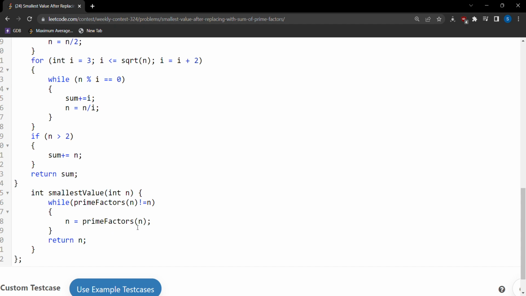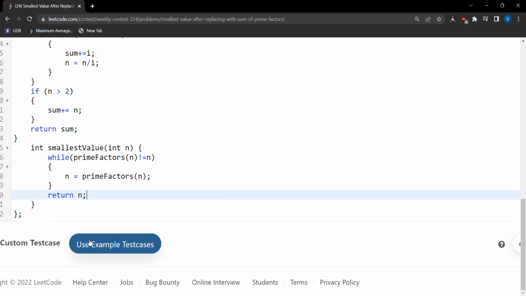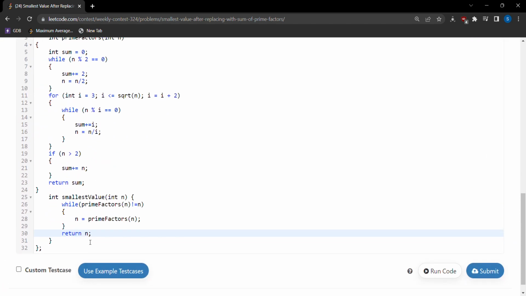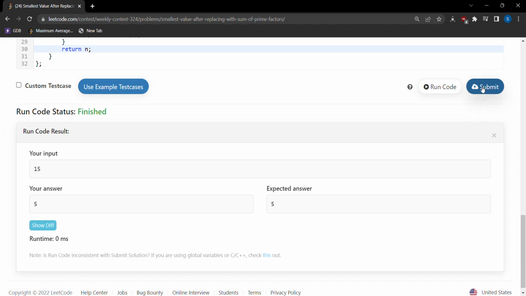Because n equals the sum of prime factors of n. So that's why the loop will run infinite times. That's why as soon as the sum of prime factors is equal to the number itself, we will be stopping this for loop and returning that number n. Now let's run this. Yes, it's running nicely.